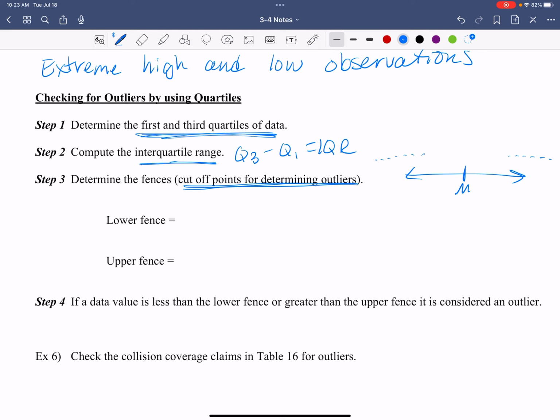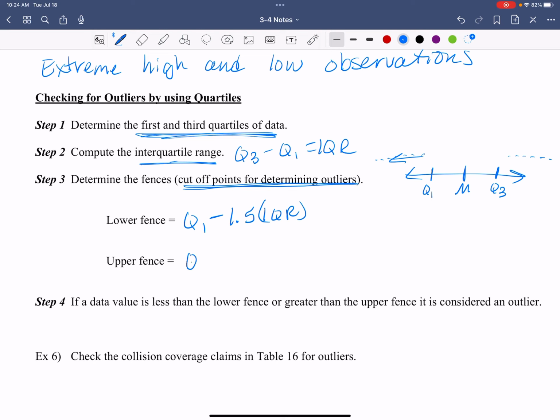So my lower fence is quartile 1, because I'm looking here at quartile 1 and past that, and I want to go back in this direction. So I'm going to subtract 1.5 times that interquartile range. That puts us outside of that fence.